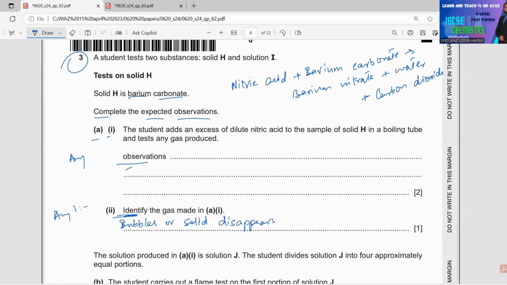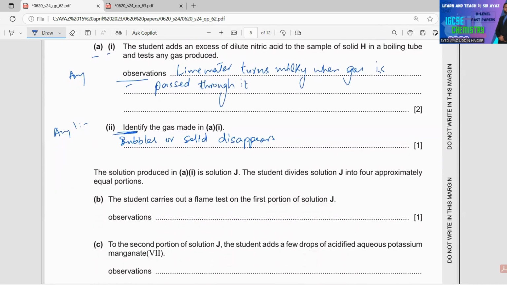Now for the observations for the gas, it's turning lime water milky when gas is passed through it.